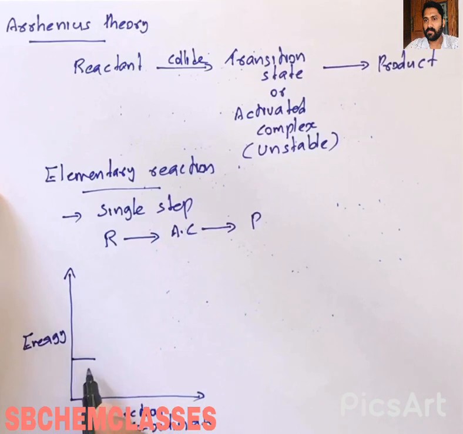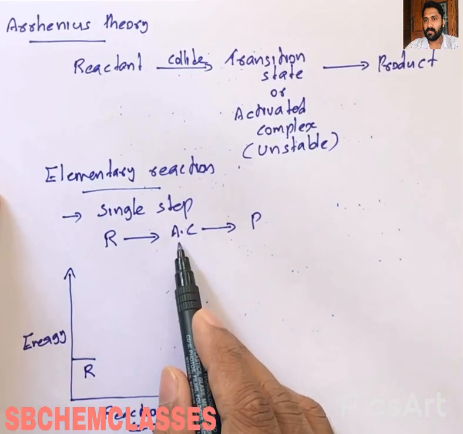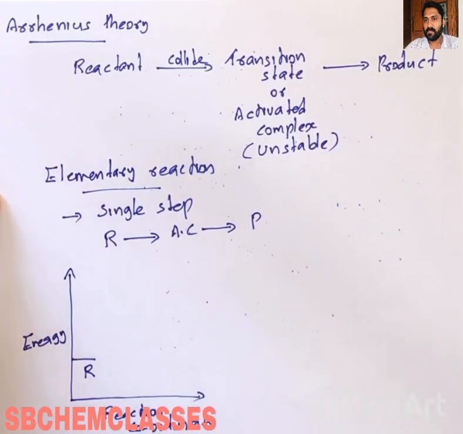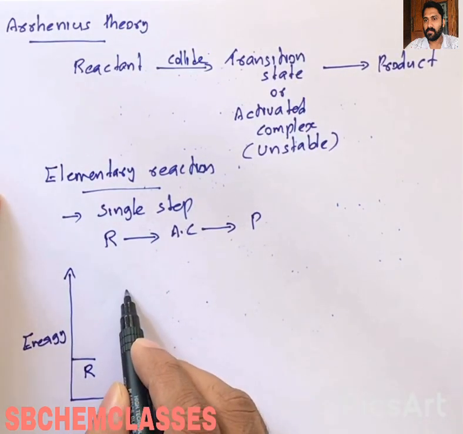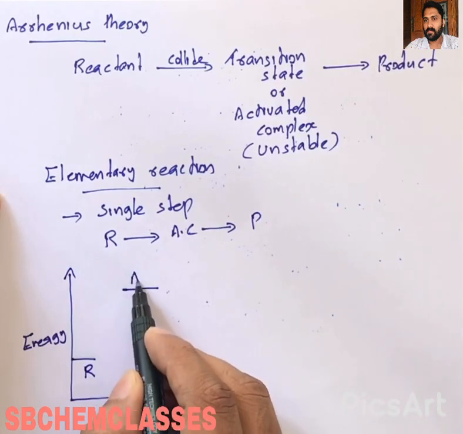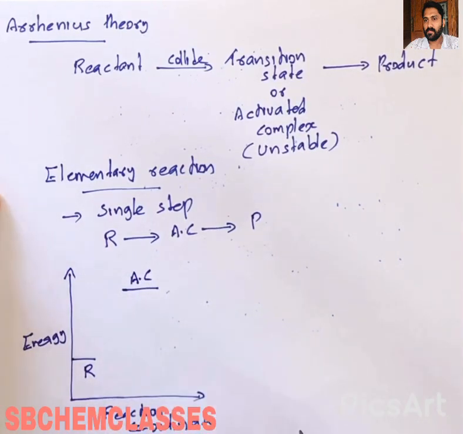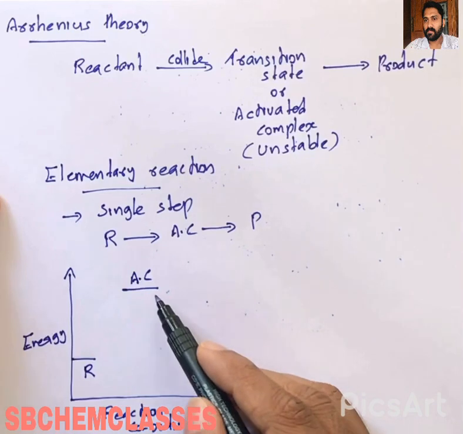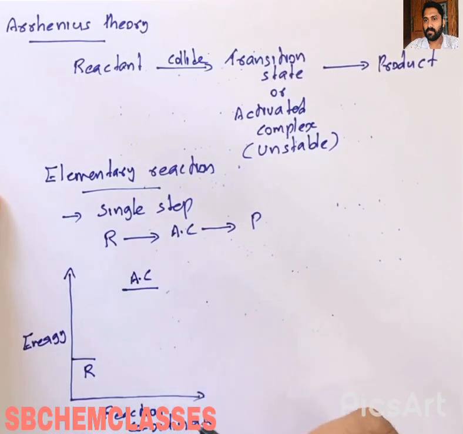If they collide with each other, they form an activated complex, which is unstable. Unstable substances have very high energy. That is the activated complex. This activated complex is then converted to product.